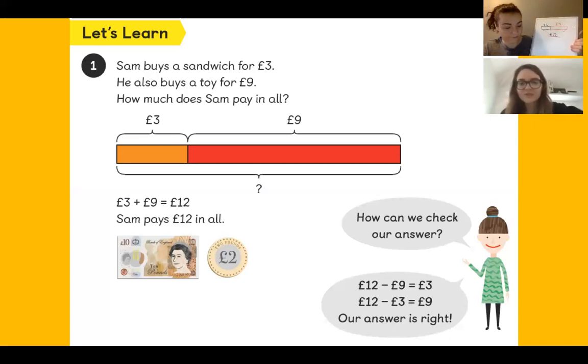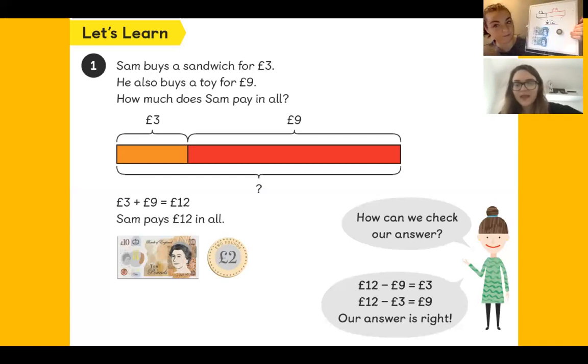So Miss Kay's way is having £5, another £5, £1, and another £1. Good. How much have you made altogether, Miss Kay? 12. So I have 5 plus 5, 10, add 1, 11, add another pound is 12.